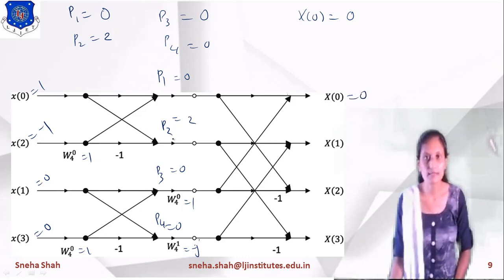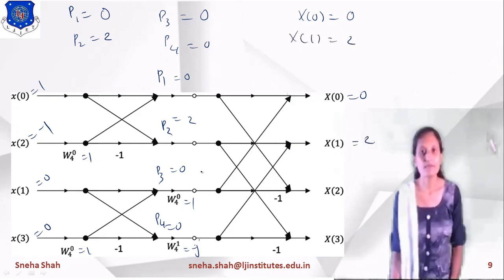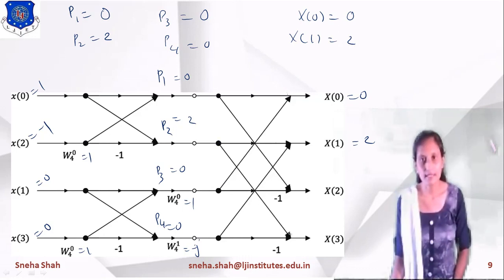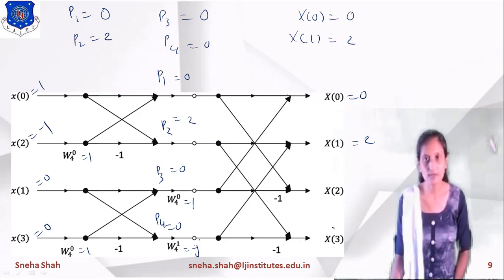So the first term is 0. The next term is 2, and this one gives the next term as 0, right? So 2 plus 0 means 2, so the value of x of 1 equals 2. In the same way, this term is 2 and this one is 0, so the value of x of 3 is also 2.